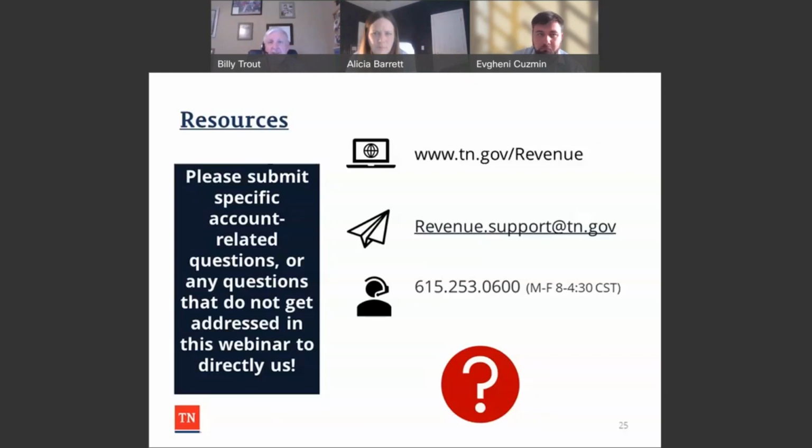In Tennessee sales tax law, whether you sell something online or through a brick and mortar store, it makes no difference at all. If you're located in Tennessee and you're making a taxable sale here to a Tennessee customer and not out of state, like Evgeny just said, then it's subject to Tennessee state tax and local tax as well.